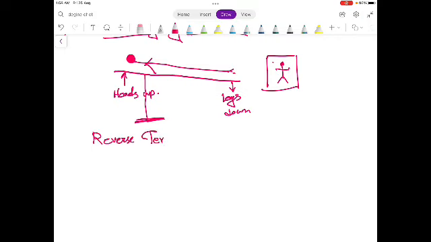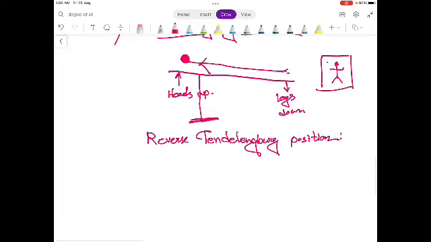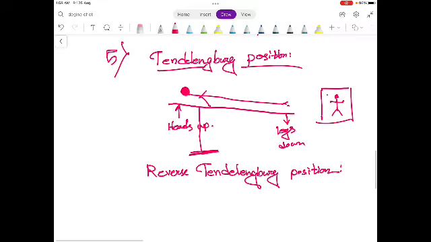The reverse Trendelenburg position would be the reverse of this, right?